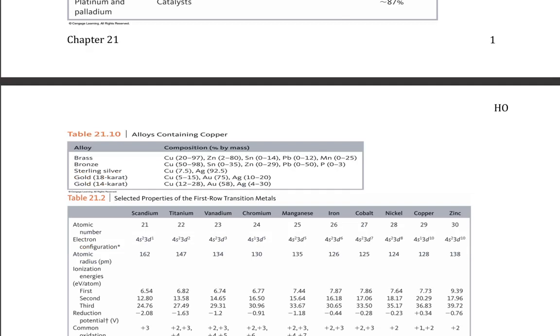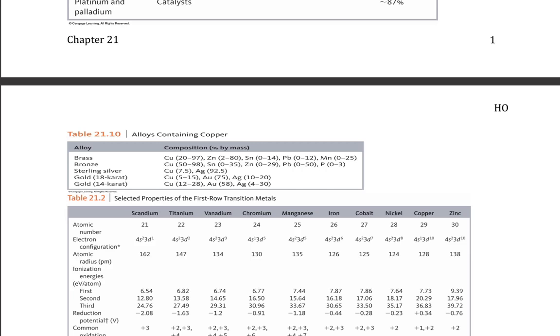The next table has alloys containing copper, so brass and bronze. Those are from the Bronze Age from long ago. Copper and tin primarily are what make up bronze. Brass is also involving copper, primarily just zinc, and it's not as strong but considered more decorative.